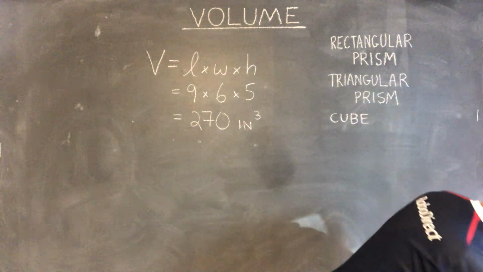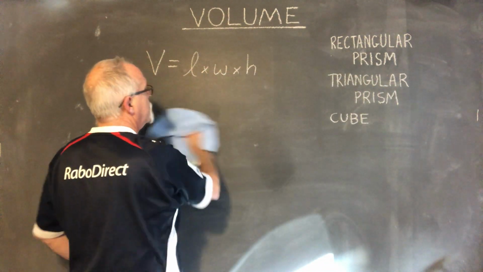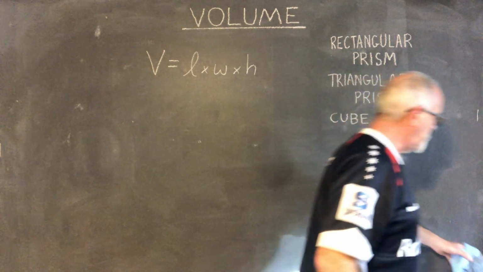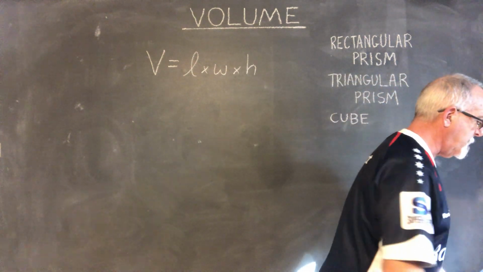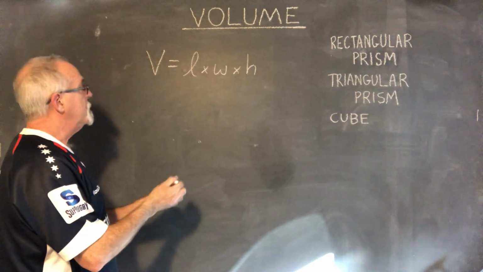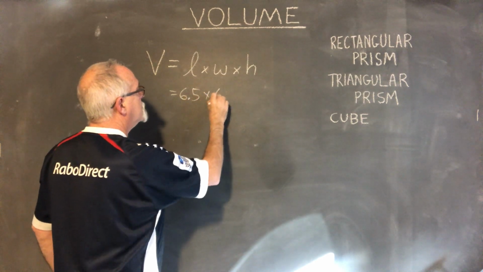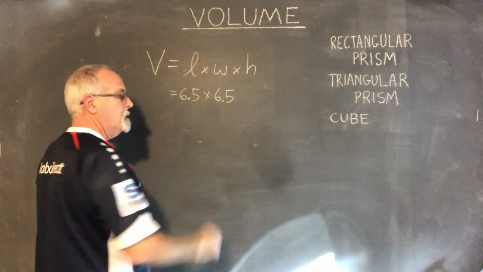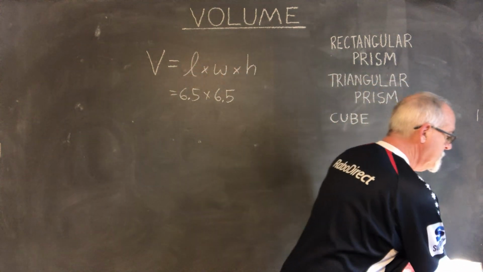I'll keep the formula, and now we'll just fill it in with the values that go with this. So I already know that the length and the width of this are both 6.5 inches. So 6.5 times 6.5. I never used it as a 3D object before, so I hadn't measured the height.